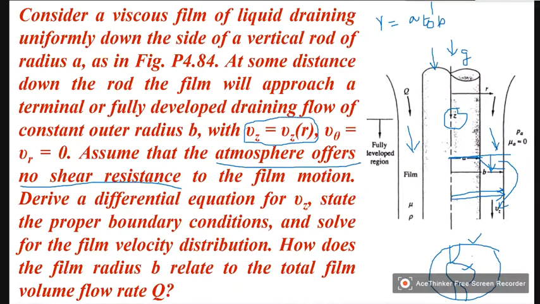Tell me clearly. When you are writing the boundary conditions, how do you write? Come on, tell me the boundary conditions. What will the first boundary condition be? Sir, radius varies from A to B, and the velocity varies from mu to 0.